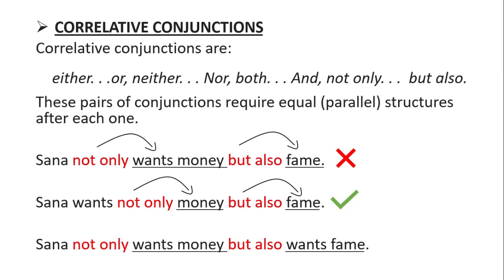In the next example, we can see two clauses are joined by the paired conjunctions that are wants money and wants fame. It is the right way to use paired conjunctions because both clauses have parallel structures.